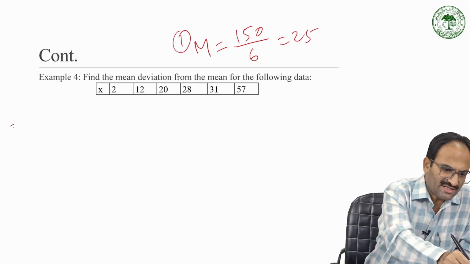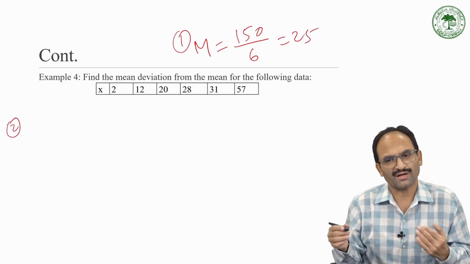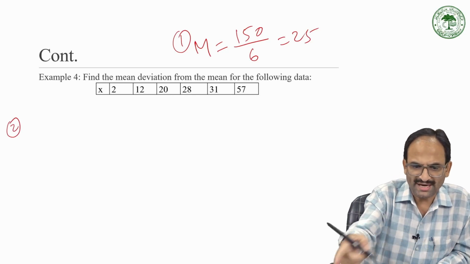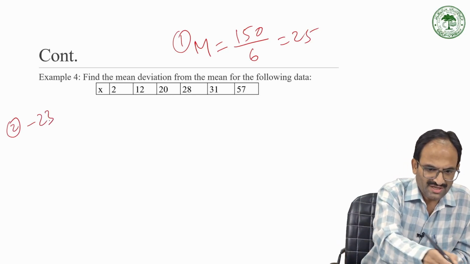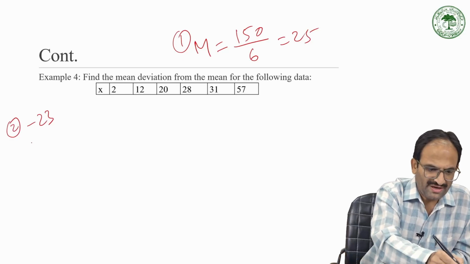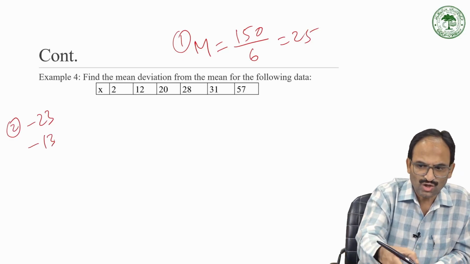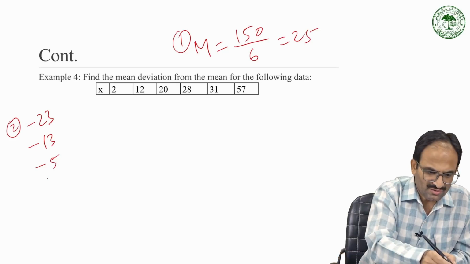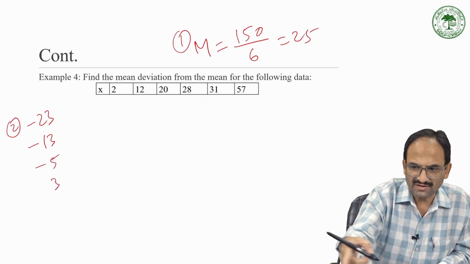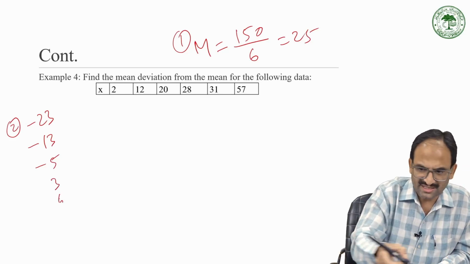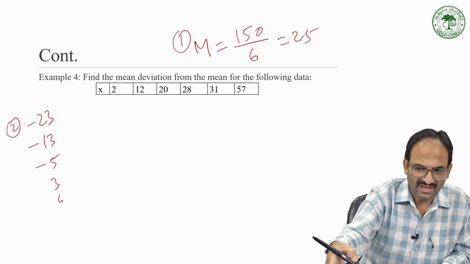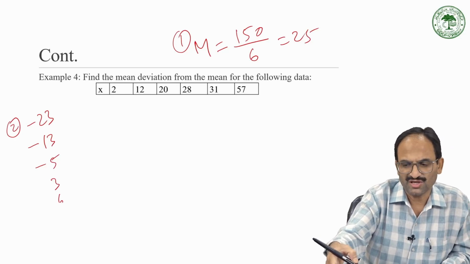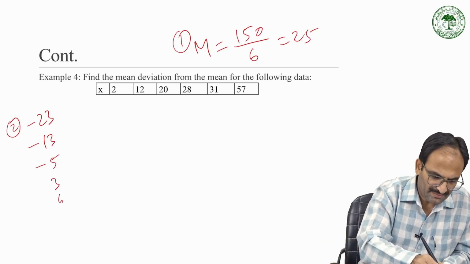Now in the next step, calculate the deviation. So 2 minus 25 is minus 23, 12 minus 25 is minus 13, 20 minus 25 is minus 5, 28 minus 25 is 3, 31 minus 25 is 6 and 57 minus 25 will be 32.